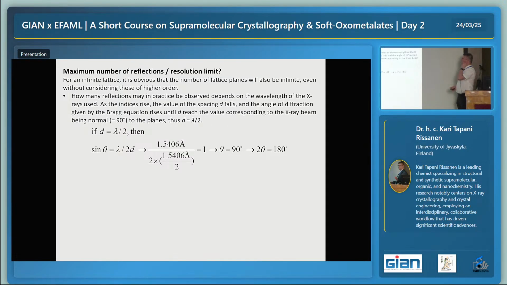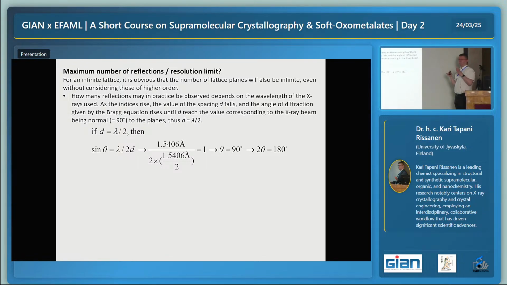And now the idea is that, based on this, we can calculate the maximum number of these. It is interesting that the phenomenon is diffraction, but we call the diffracted beam a reflection.